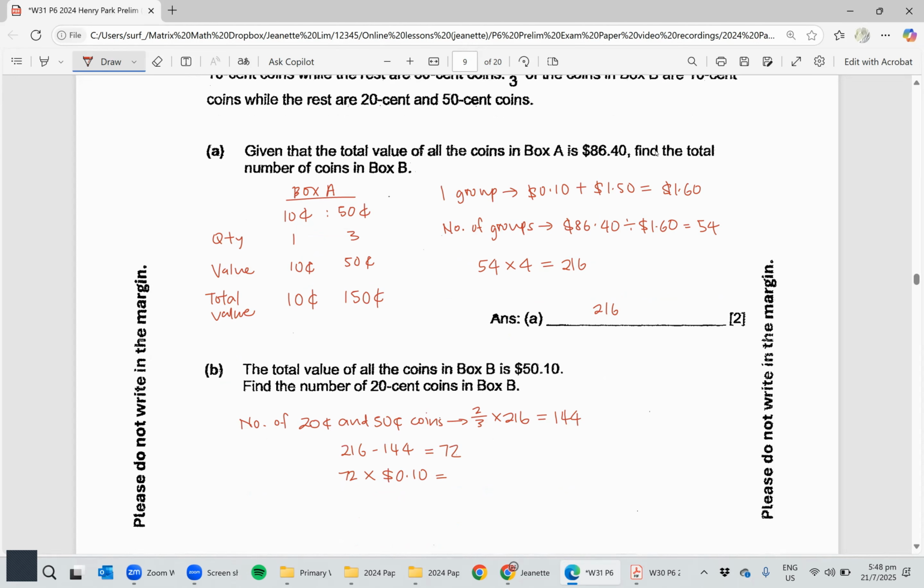Okay, so 72 10-cent coins is $7.20. Now the value of the 20-cent and 50-cent coins would be $50.10 minus $7.20. So this will give us $42.90.